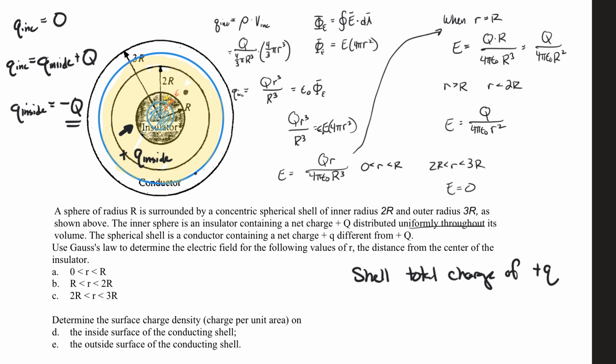Well, what must be on the outside of the surface, so we're talking about right here, spread out all around the outside, has to be a total charge of Q, so Q outside plus Q inside has to equal positive Q, because that was the charge that was placed on the conductor.